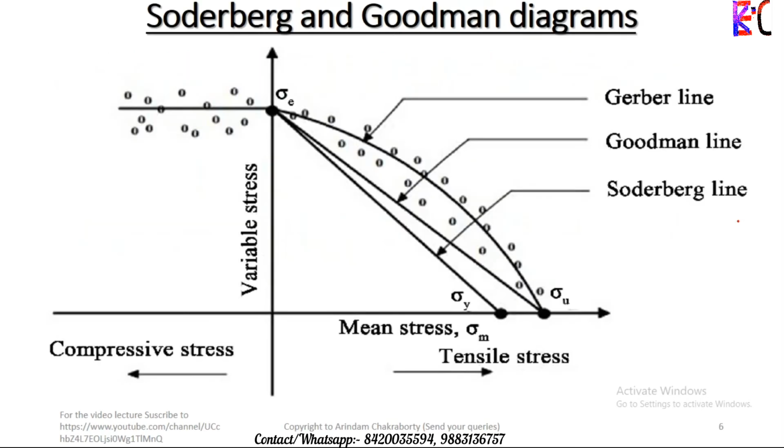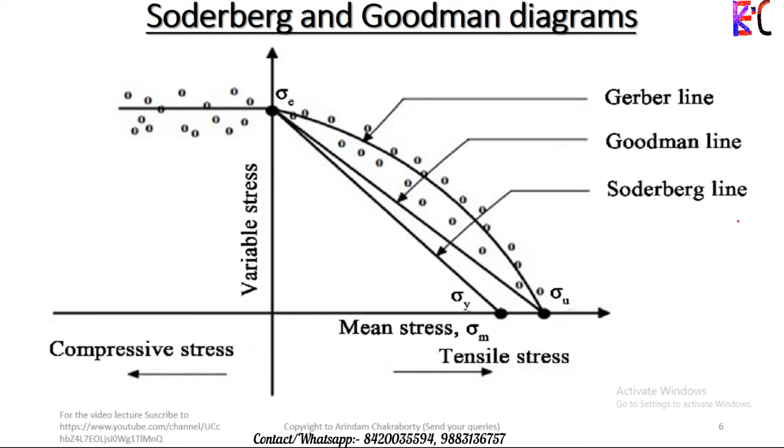Okay, so there are three scientists who came up with three theories. They told that if a body is under tensile stress, you could go for three types of designing. The scientists' names are Gerber, Goodman and Soderberg.